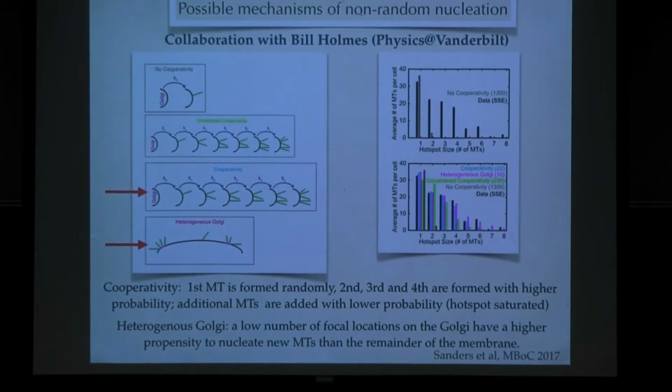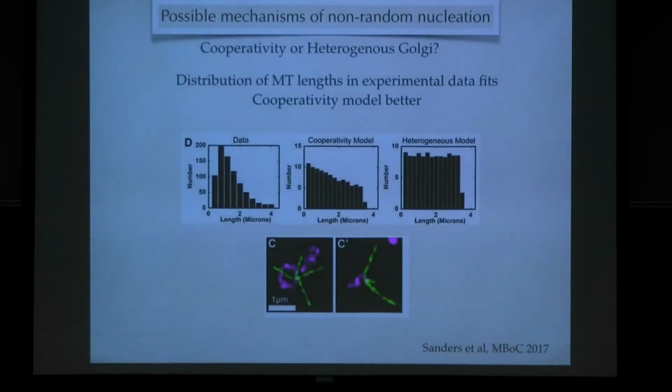So from the grouping of microtubules, these two models were preferable, but when we analyzed the distribution of the length of the microtubules upon nucleation, it was more consistent with the cooperativity model.